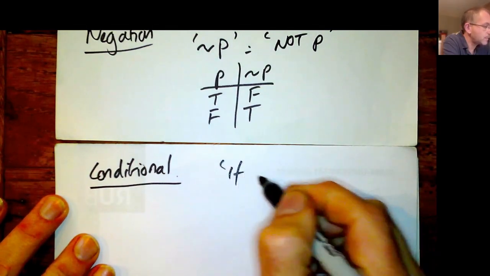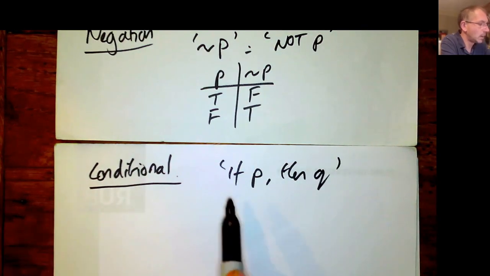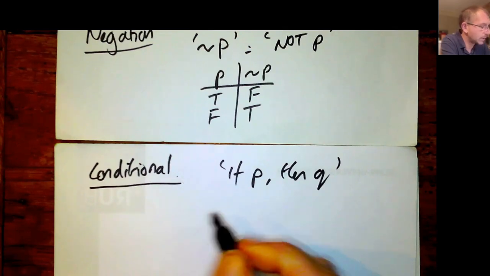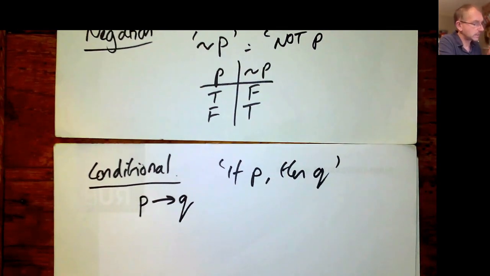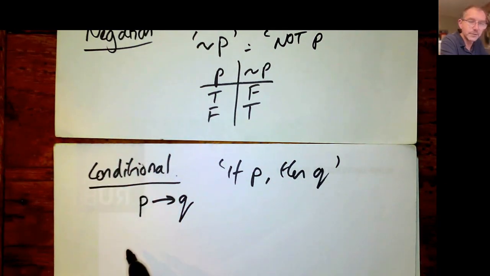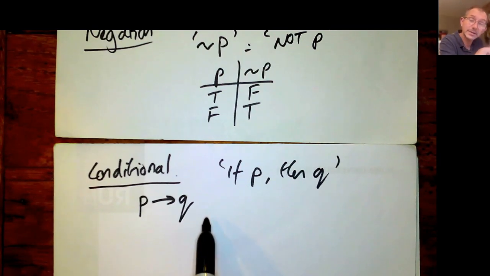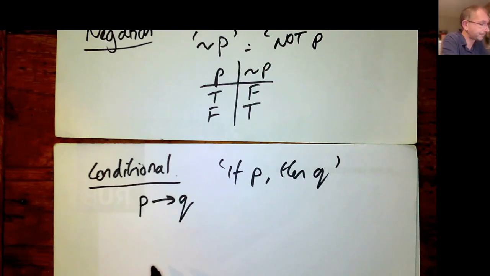So if P, then Q. If you have something like that, you write it in the following way. So it's saying if I know the truth of P to be good, if P is true, I can take from that the truth of Q.